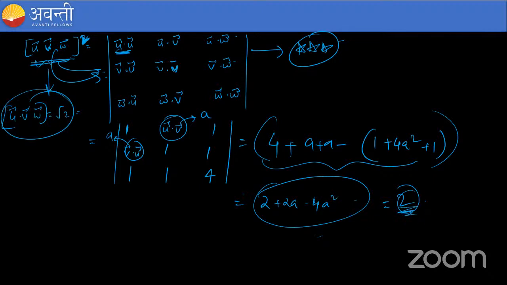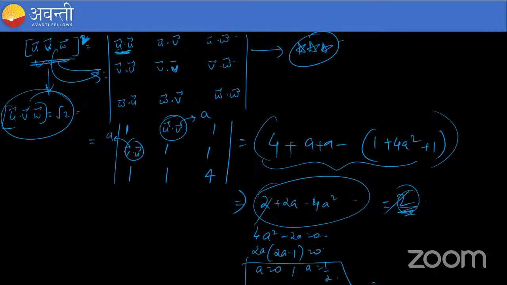And from here we can solve for the values of A. So 2 will get cancelled, 4A square minus 2A will come out to be 0. Here you will take 2A common, you will get 2A minus 1 is 0. So A comes out to be 0 and A comes out to be half.